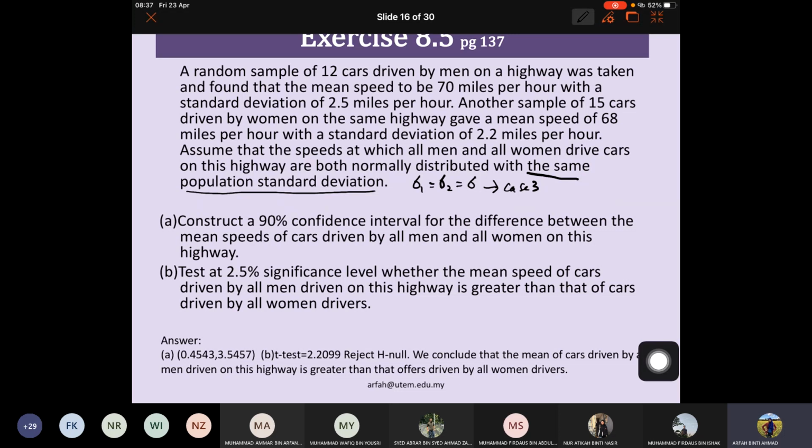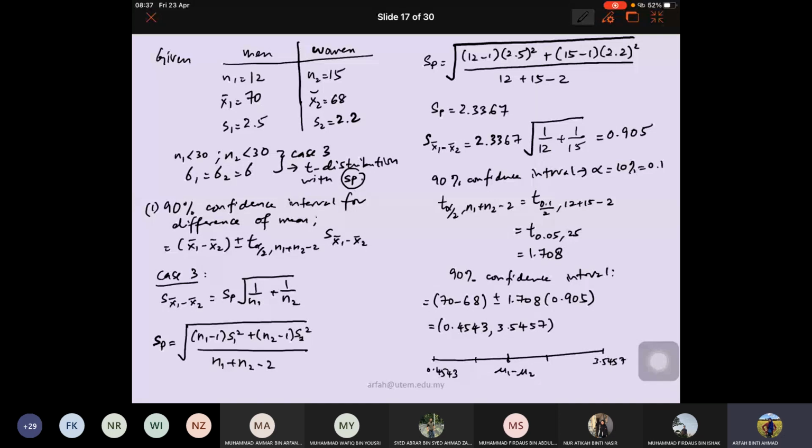Dia kata test at 2.5 significant level whether the mean speed of car driven by all men is greater than that of car driven by all women. Okay. So that one is hypothesis testing. Kita menjawab persoalan, betulkah kereta yang dibawa oleh lelaki ni lebih laju ke atas highway tu compare dengan yang dibawa oleh perempuan.